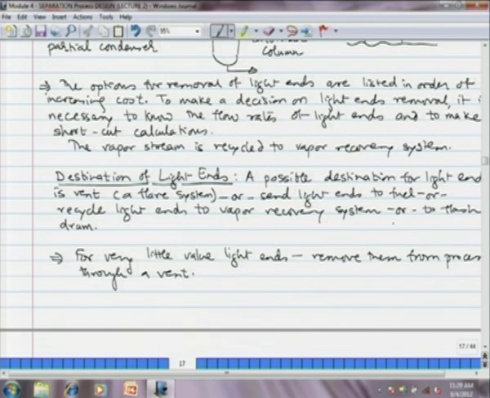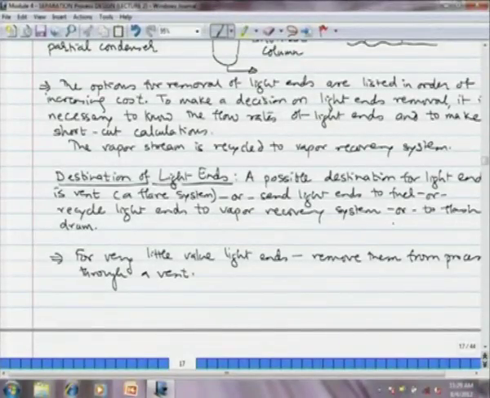For example, if the light ends are saturated molecules like methane, ethane, propane, then a mixture of propane and butane is used as LPG. That is one of the uses of these light ends. Now, as the unsaturation of the molecule increases, the reactivity increases. So, molecules like ethylene and propylene are increasingly being used as the major feedstock for petrochemicals.